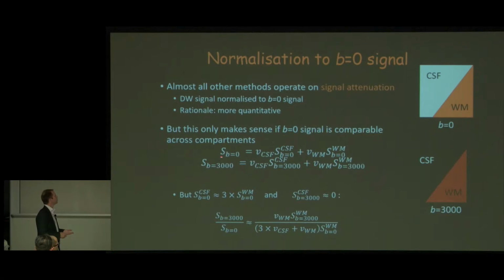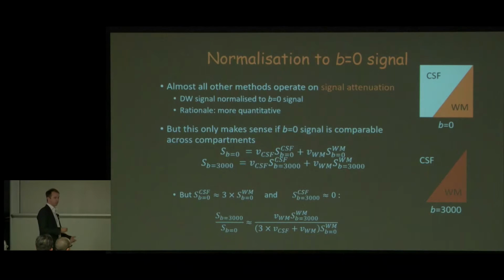So if we look at the B0 signal here, for a voxel containing some CSF and some white matter, you have the volume fraction of CSF times the signal that you get for the CSF at B0, plus the volume fraction of white matter times the signal that you get for white matter at B0. And the same thing at B3000. If you then go and normalize it, you have to bear in mind that the signal for CSF is about 3 times what it is for white matter, on average.